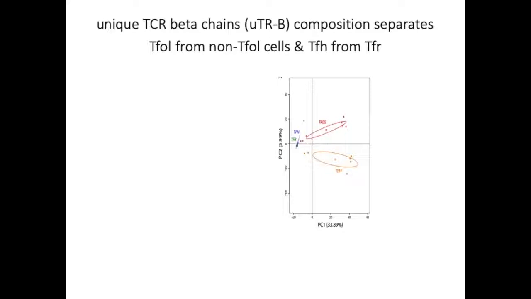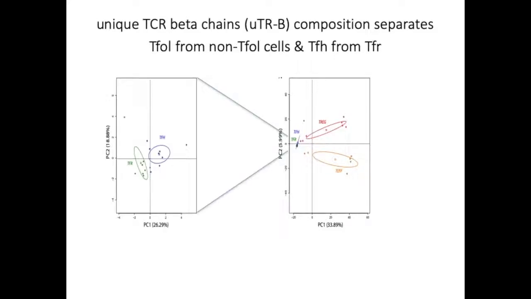You can also look at the global structure of your repertoire by analyzing all of the clonotypes and doing a PCA that will indicate that Tfh and Tfr have a global structure of the repertoire which is different from Treg and Tf, the Tf and Treg being different, with the impression here that the repertoire of Tfr and Tfh is very much alike.